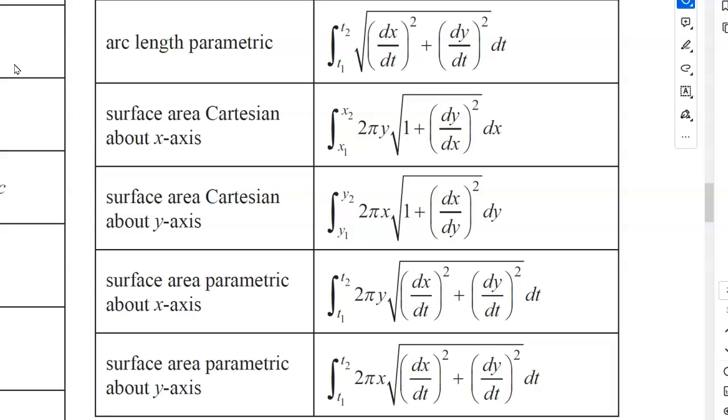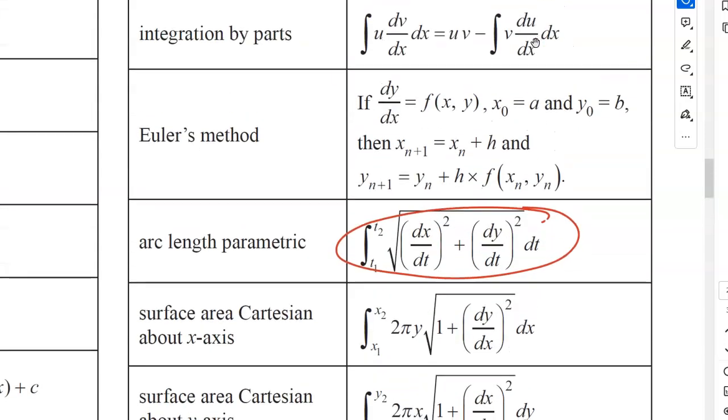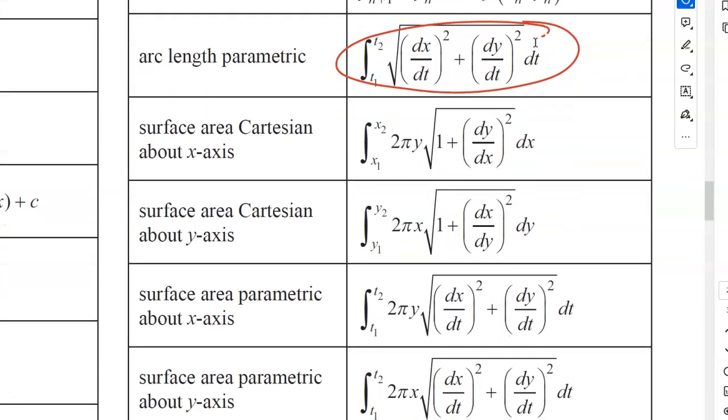Now, I just wanted to note about the formula sheet. The length for when we're looking at the parametric version does appear on the formula sheet. However, when we're looking at it in terms of x or y, it doesn't appear on the formula sheet. However, it kind of does in disguise. If you look at the surface area formulae, which we haven't done in class yet, we're going to be doing for our next lesson, the surface area formula contains, if you look here and here, that square root that we're expecting.